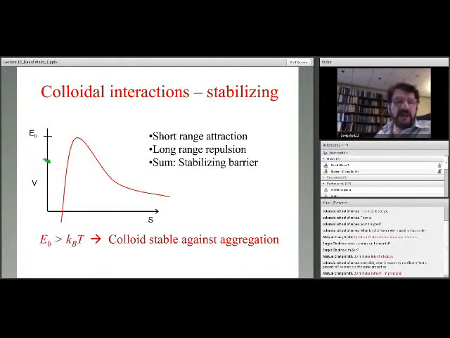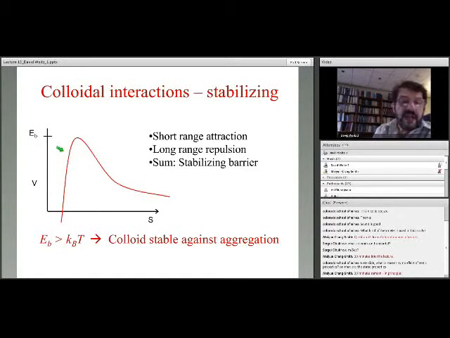But in addition to that, there's an attractive interaction due to the van der Waals effects that's shown by this component, and there's a repulsive interaction that's shown here, and the sum of these two leads to an attractive well here, with a repulsive barrier given by this part, and an attractive interaction here.